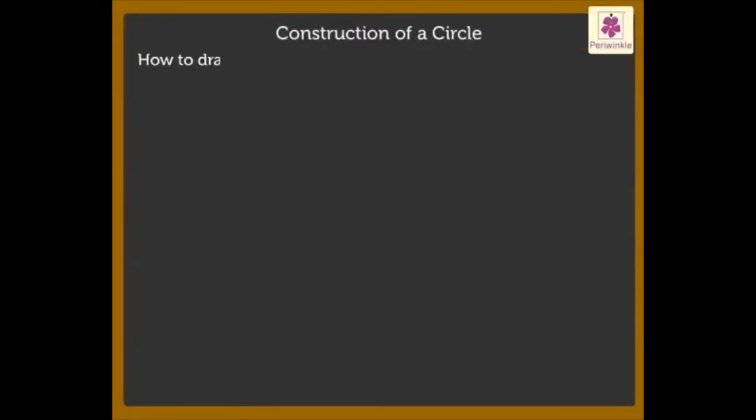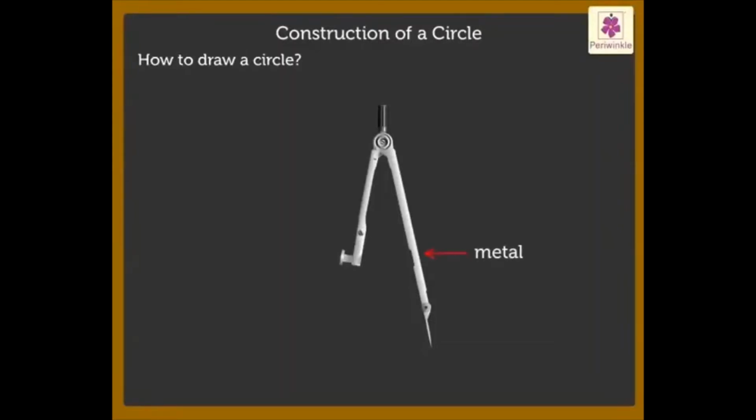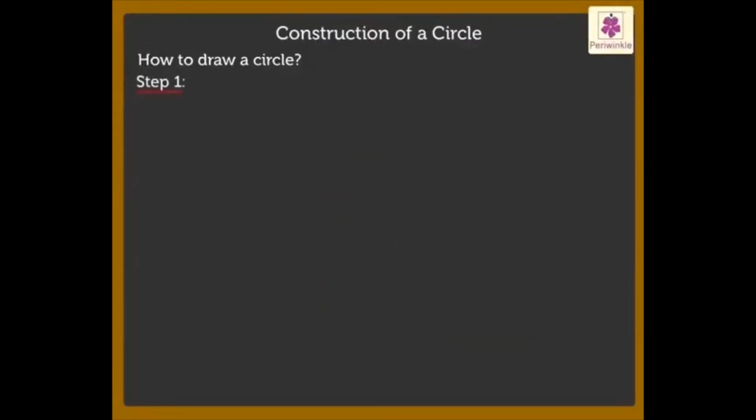Now learn how to draw a circle. To draw a circle, we use a compass. A compass has two arms, a metal arm and a pencil arm, connected by a hinge. Step 1.